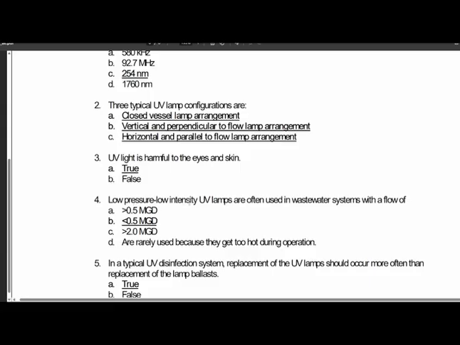Low pressure, low intensity UV lamps are often used in wastewater systems with a flow of less than 0.5 million gallons per day. So less than 500,000 gallons per day.